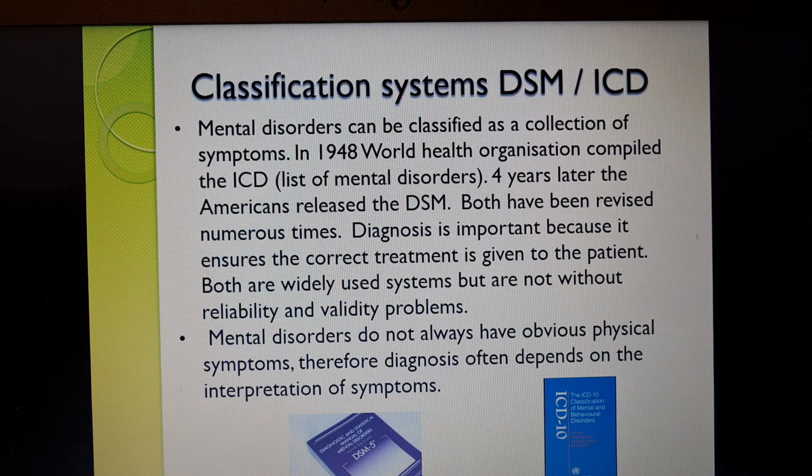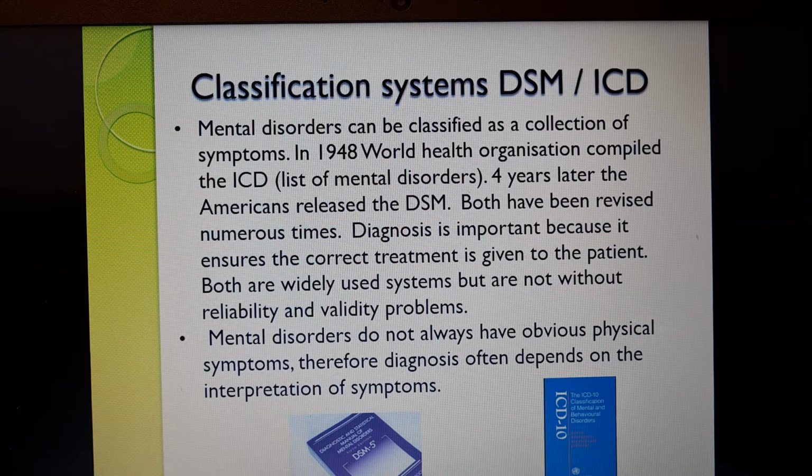So, just generally talking about diagnosis, it's a very difficult task to diagnose patients with a mental health problem because so many different things have to be taken into consideration. In 1948, the World Health Organization compiled a list of mental disorders in the ICD.